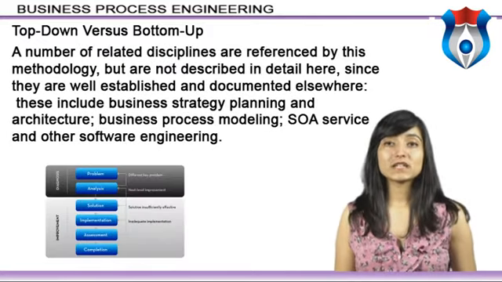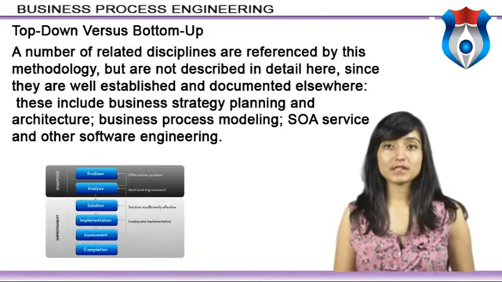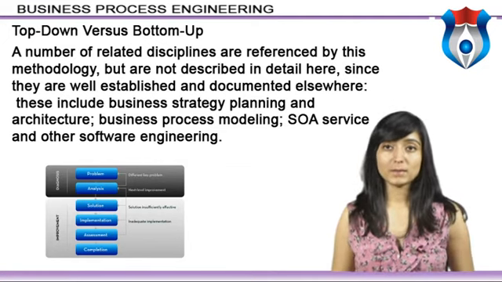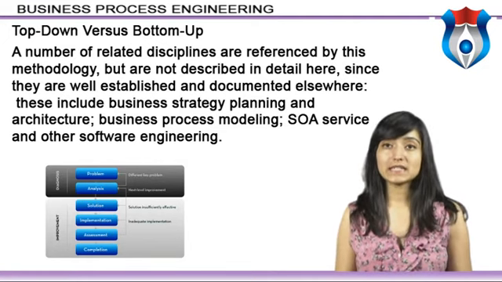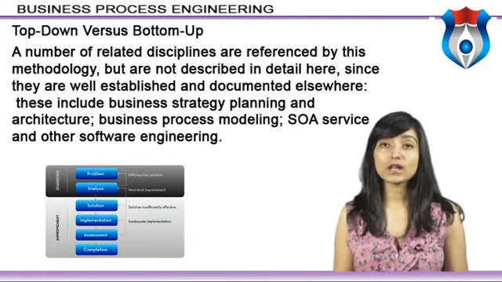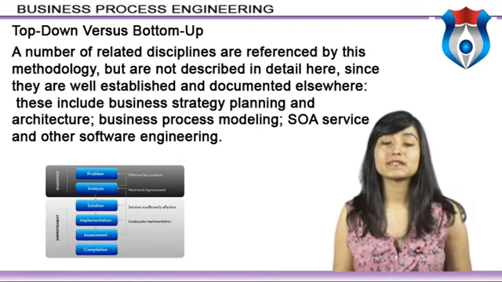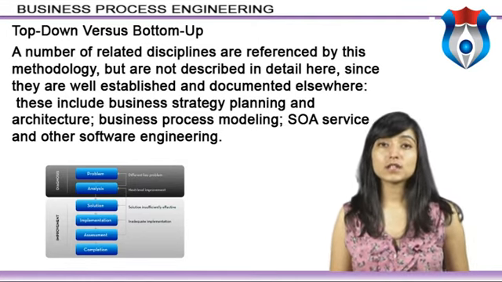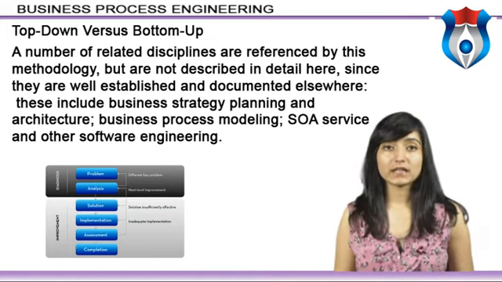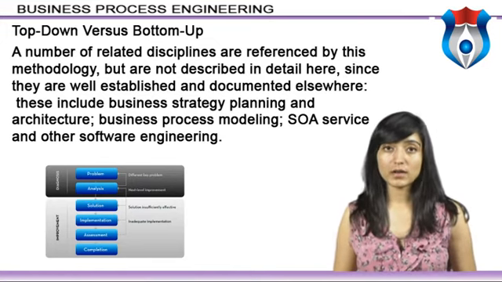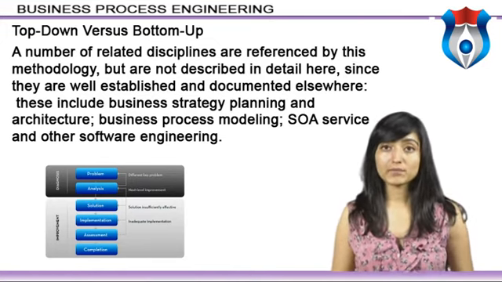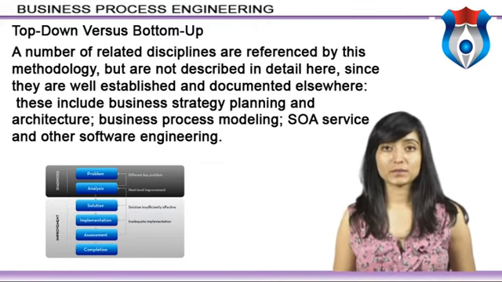A number of related disciplines are referenced by this methodology but are not described in detail here since they are well established and documented elsewhere. These include business strategy planning and business architecture, business process modeling, SOA service, and other software engineering.